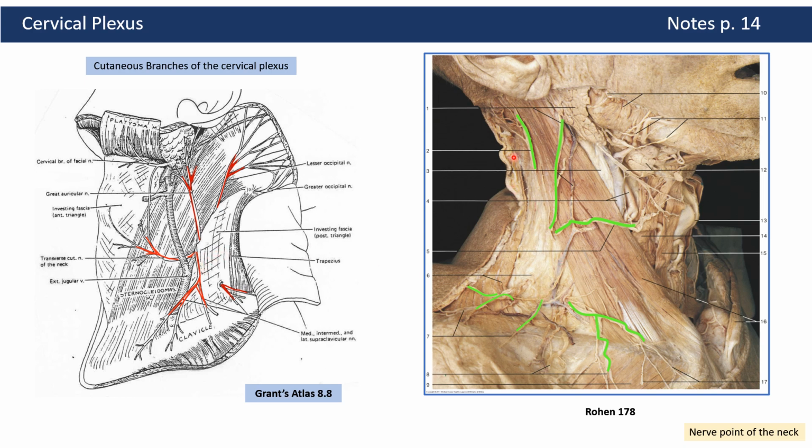All right, so here is a picture from Rohen, and I've colored in again these cutaneous branches of the cervical plexus with the lesser occipital, great auricular, transverse cervical, and then the medial, intermediate, and lateral branches of the supraclaviculars.